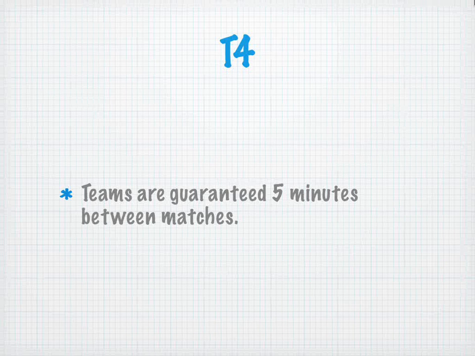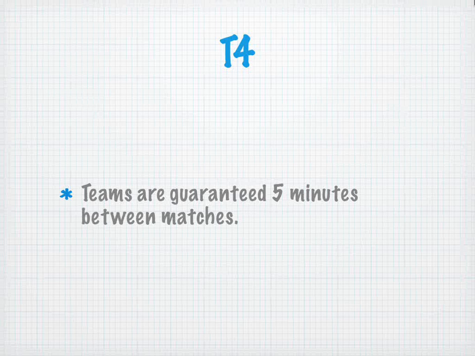Right. Tournament Rule 4 says that teams are guaranteed 5 minutes between matches. Now, normally that happens automatically if you're not in back-to-back matches. So if you're in match 3 and then you don't have to play again until match number 5, then you definitely get 5 minutes. But if a team is scheduled in back-to-back matches, it's possible with the 7-minute schedule that they may not have that full 5 minutes.